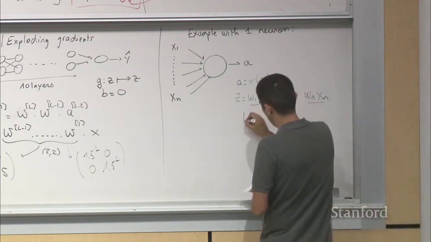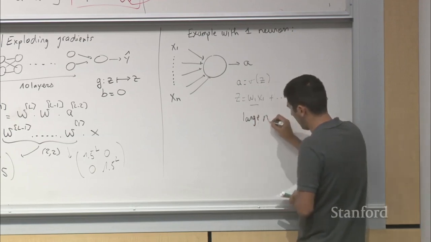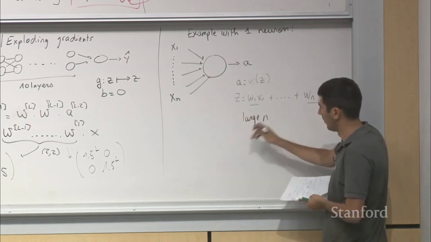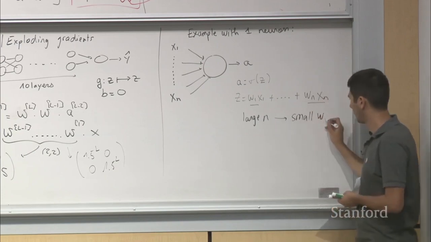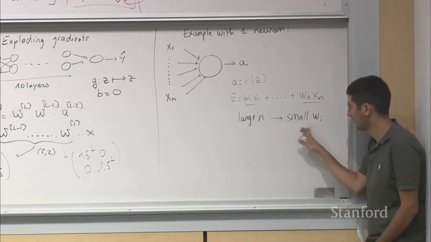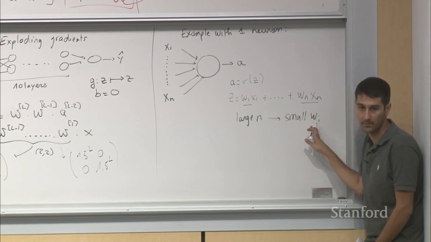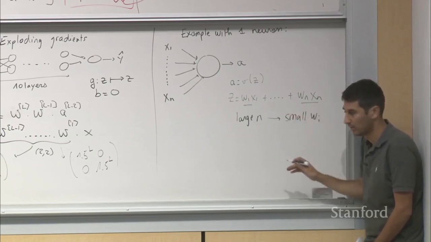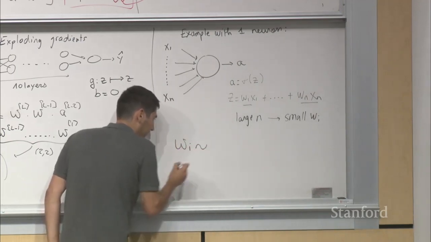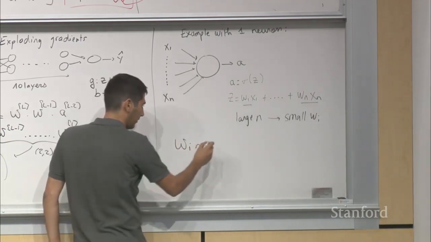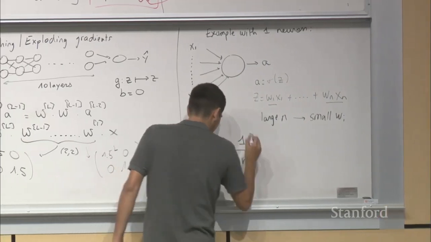So if we have a large n, it means the input is very large. What we want is very small Wi's. So the larger n, the smaller has to be Wi. Based on this intuition, it seems it would be a good idea to initialize Wi's with something that is close to 1 over n.